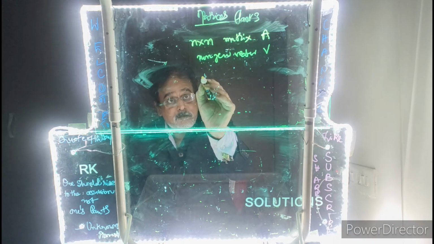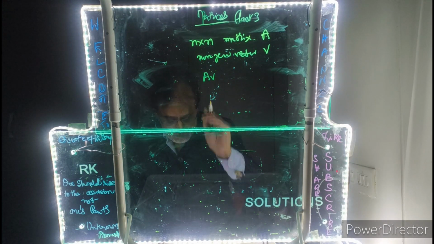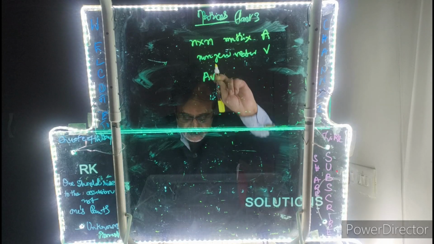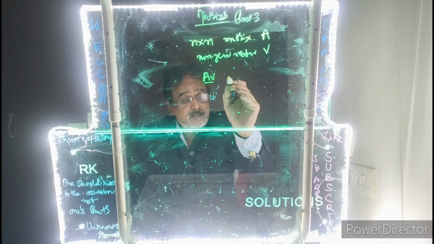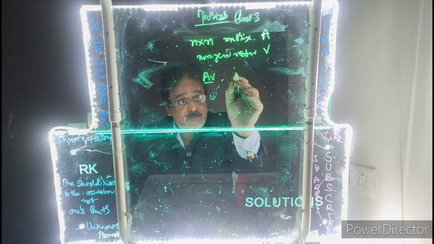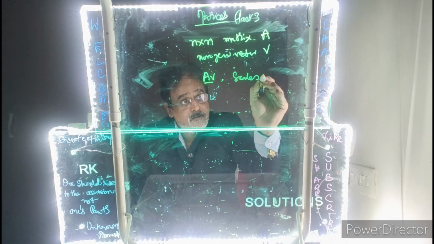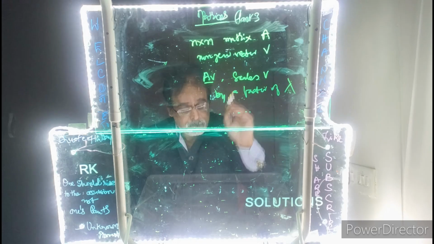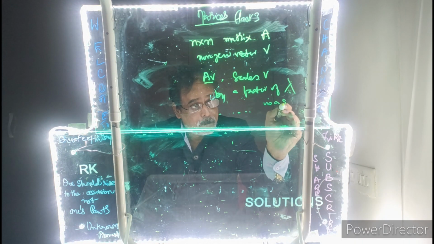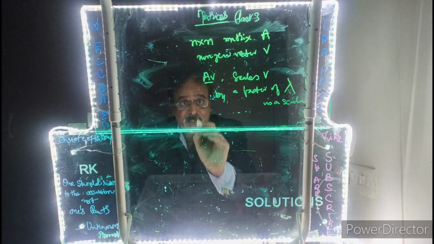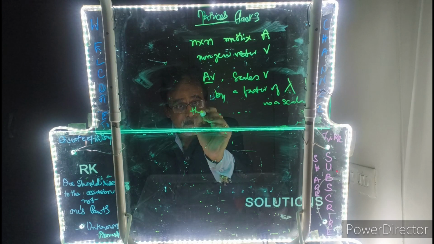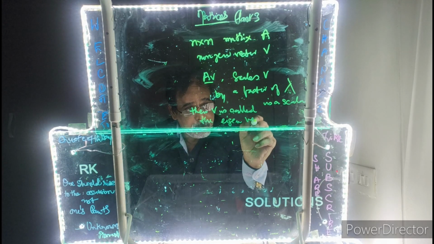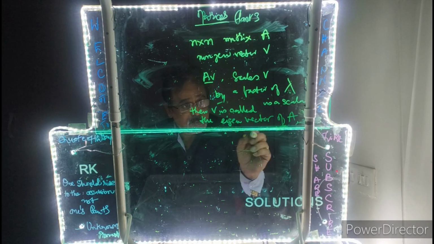Then multiplying A with v simply scales v, meaning scales it by a factor of lambda, which is a scalar. Then v is called an eigenvector of A.